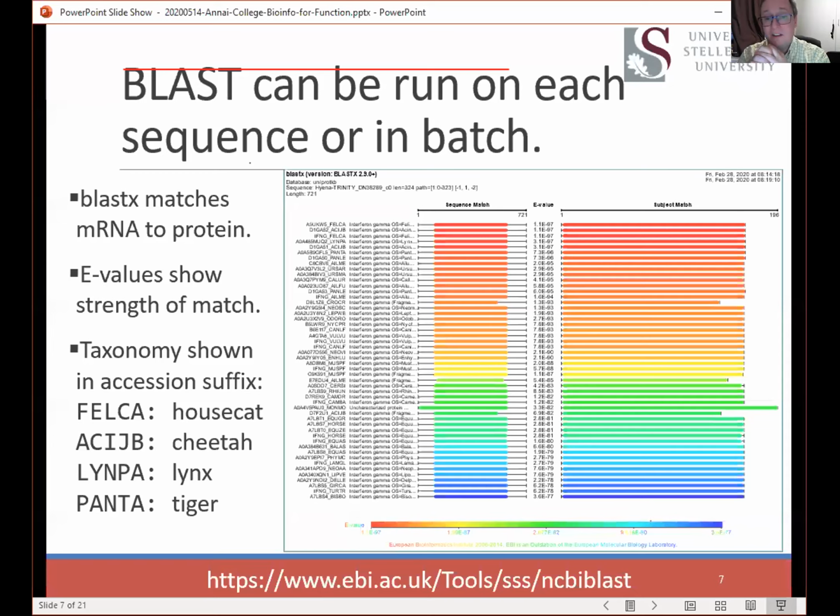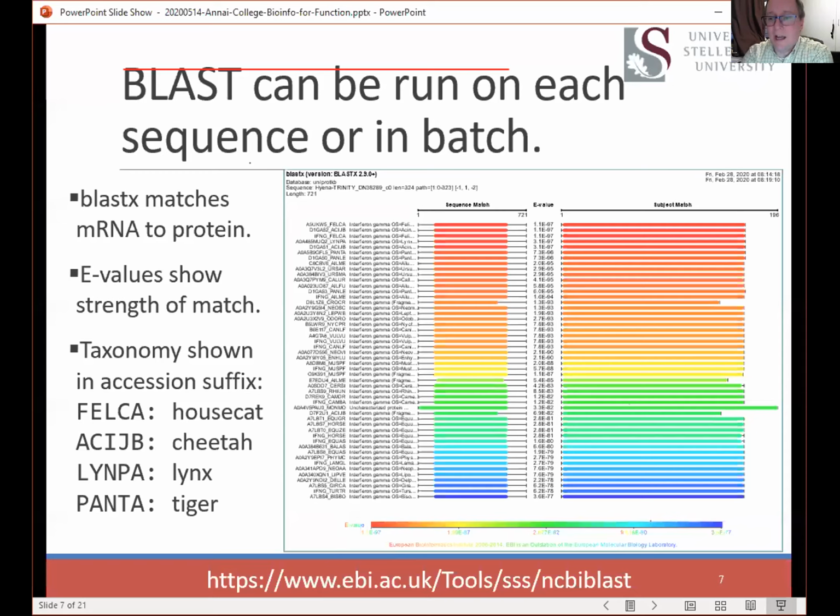Now, I realize that the table that I'm showing here in those rainbow colors is really, really small. But I want to draw attention to just the very first interferon gamma sequence that we hit in the database. Does everyone see, it's, as I said, very small, underscore FELCA at the top? At the very top sequence in that alignment.